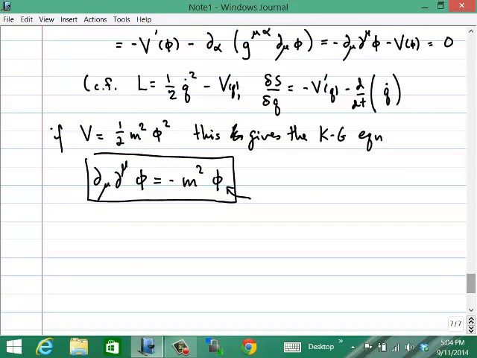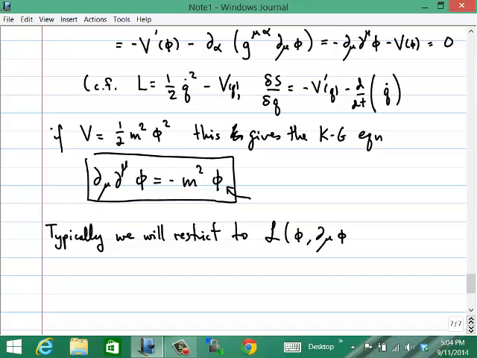I should make one comment. Typically, at least initially in this class, I'm going to restrict to theories where the Lagrangian depends only on φ and its first derivative.